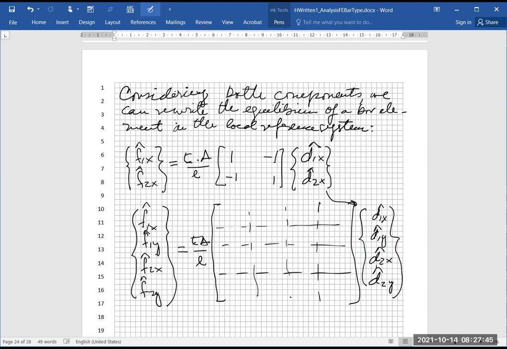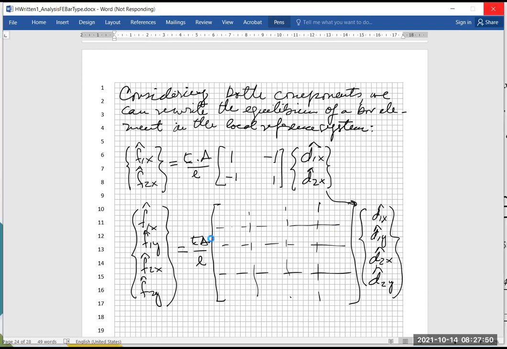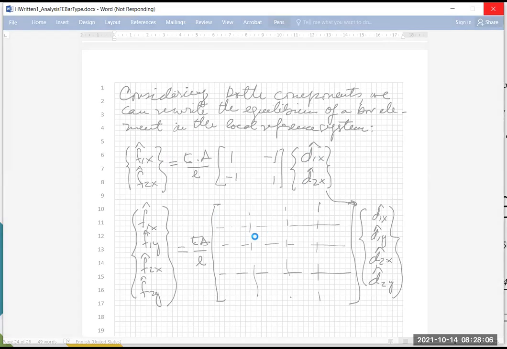So we should not have any force in this equation. So what we can do is keep this equilibrium and keep considering that they are bars. So the elements along this row, the second and the fourth, have to be filled with zeros, because this force here has to be zero in the local reference system.